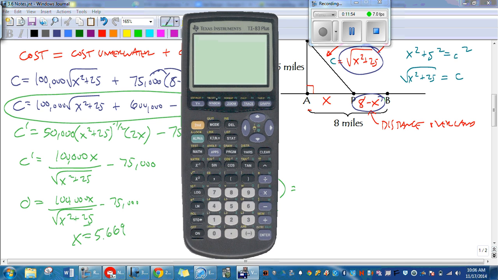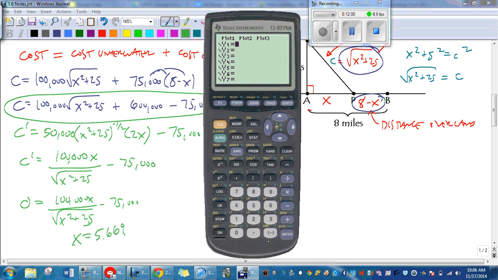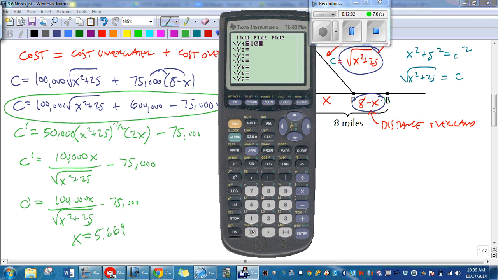So let's go back. I'm going to go ahead and change my y equals. I'm going to put in our original equation now. So we have 100,000 times the square root of x squared plus 25, plus 600,000, minus 75,000x.